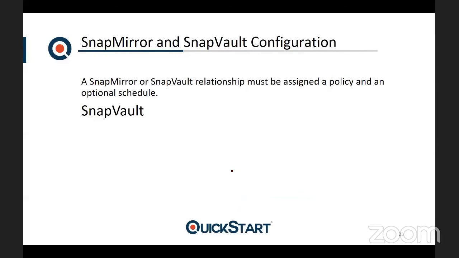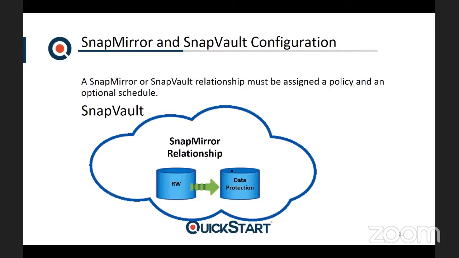Now, SnapVault, SnapMirror. Again, with a SnapMirror relationship, I am replicating from my primary to what we call a data protection volume, a volume that is of type data protection. Again, it's read-only access. You can't actually mount the volumes if you wanted to. Okay. And we create policies that will determine how often we want to replicate.